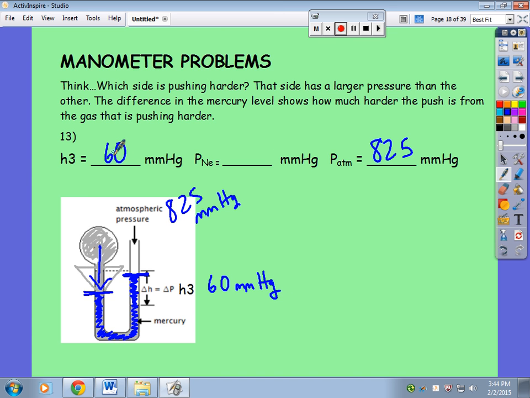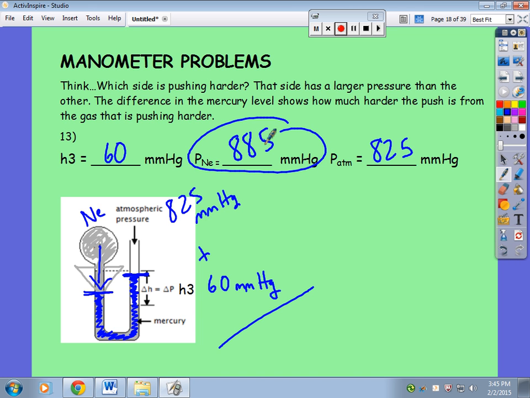And I ask you to find the pressure of the gas in here. And we'll just call it neon in this case. Doesn't really matter. What's the pressure inside? Well, it's larger than 825. How do you know? Because it's pushing harder. That means you take 825 plus 60 and you add them. Oh well, 885. That's your answer.